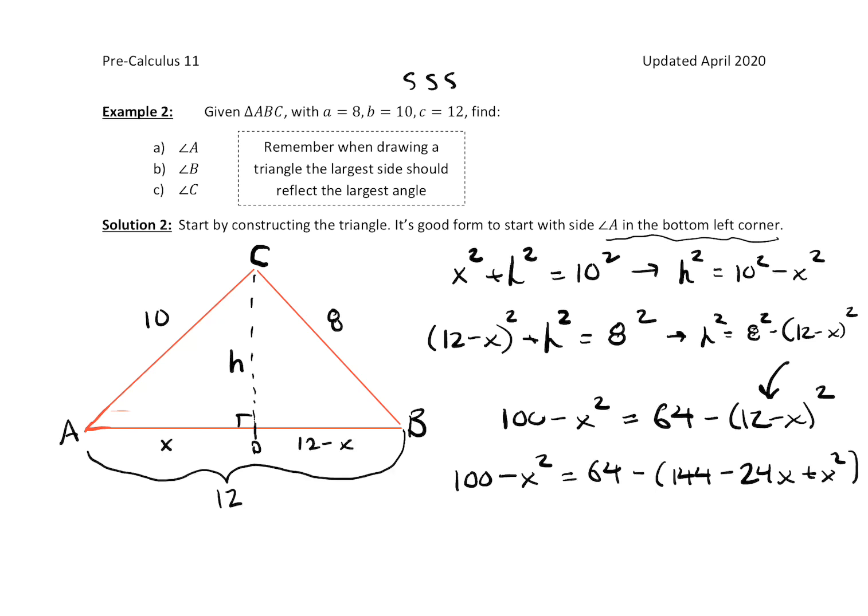So I've foiled that out, and this is why I said keep the brackets, because you need to multiply that in. So now you have 100 minus x squared equals 64 minus 144 plus 24x minus x squared.